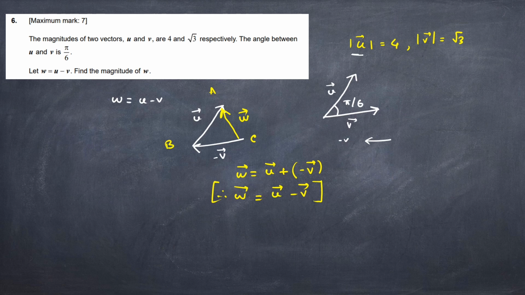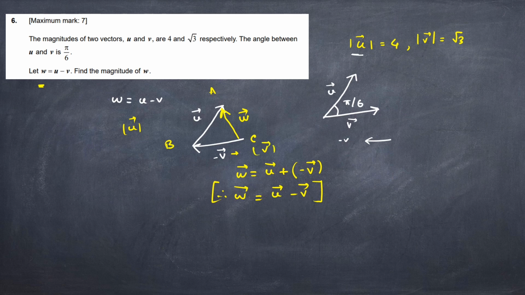So if we just rotate the position or the direction of this particular vector, then we can easily find out the value of w from here. Now it is very simple, because here we have mod of u and here also we have mod of v. We just need the triangle formula and we can find out the value of w.